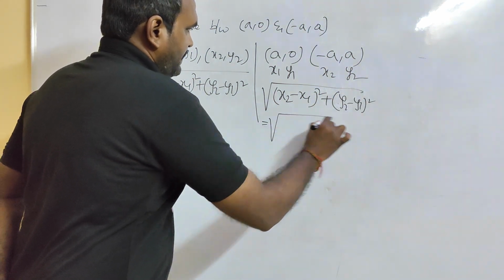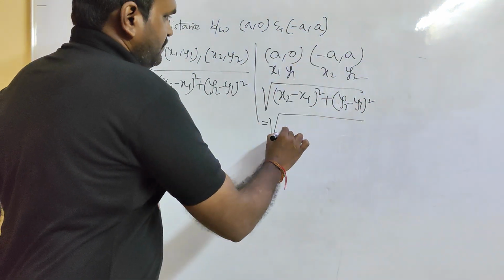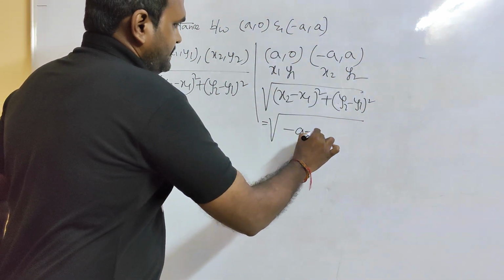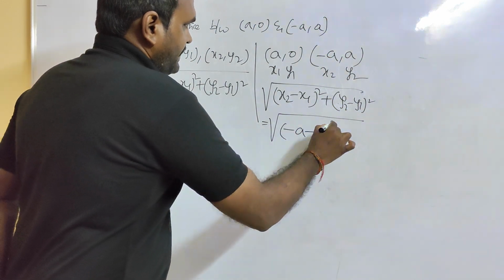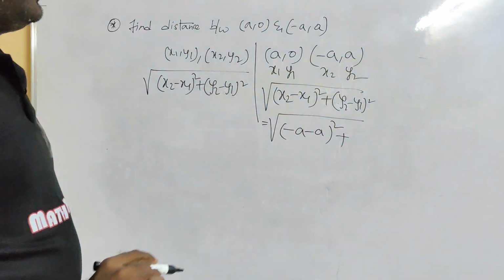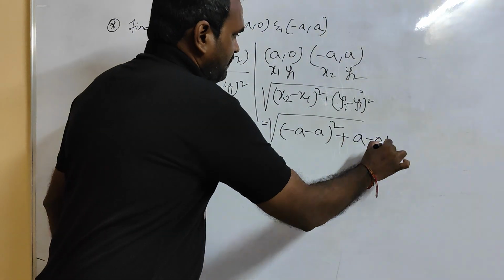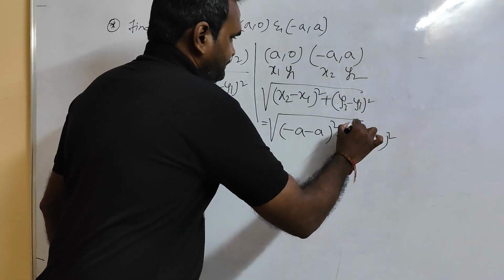See how to do it: square root of (x2 minus a), what is x1, a. So minus a and minus a, whole square, plus what is y2? y2 is a and my y1 is 0, whole square.